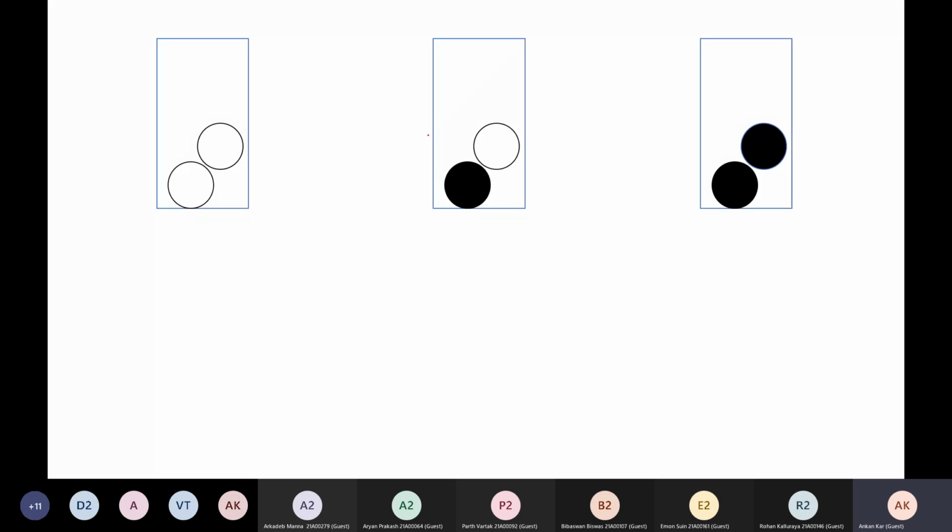Just check: if you remove two white balls, you put a black ball. If you remove one black and one white, you put a white ball. And if you take two black balls, you put a black ball inside.